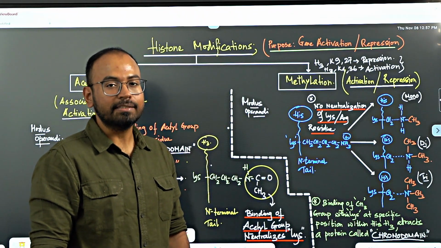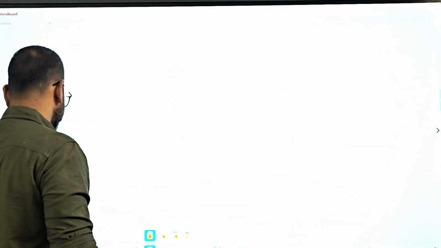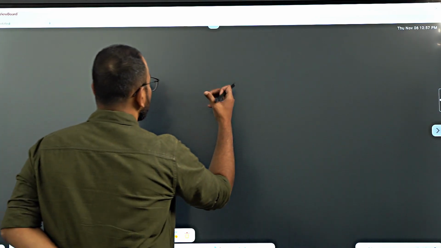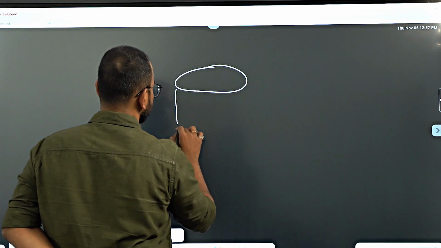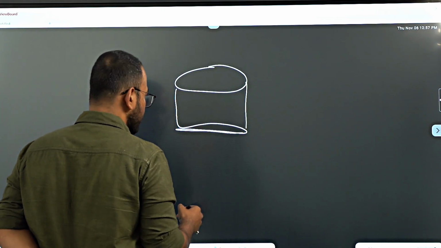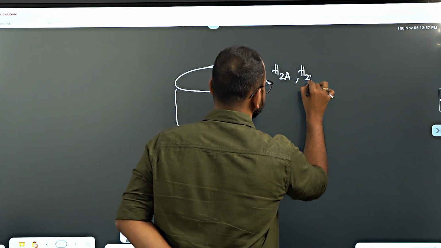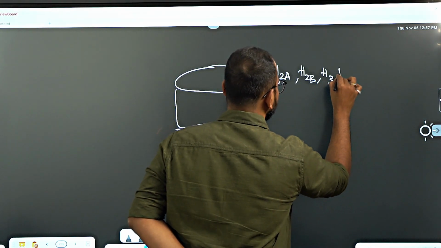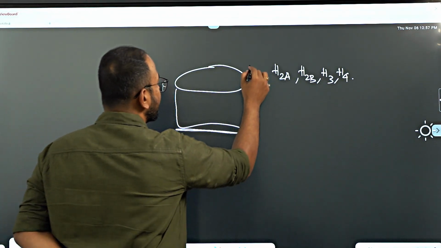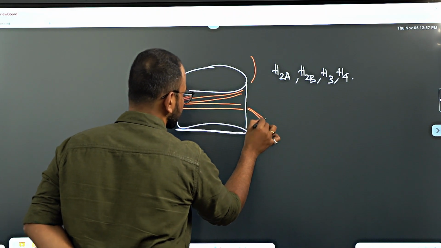In today's video, we will discuss histone modifications. We all know the basic structure of histone. Here, this is a histone octamer, which comprises H2A, H2B, H3 and H4, and there lies DNA that wraps around this histone 1.65 turns.